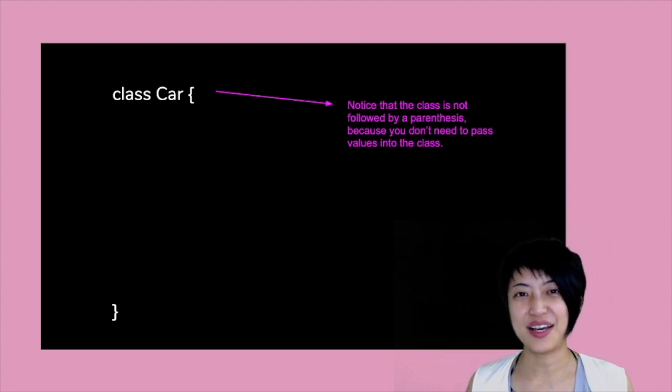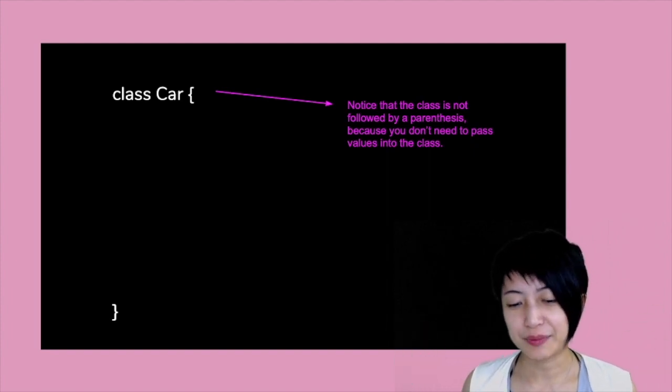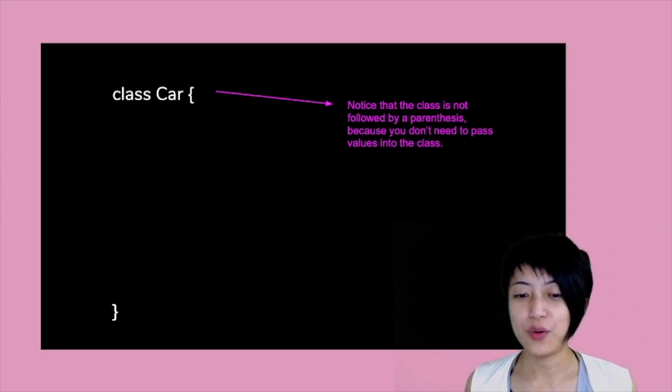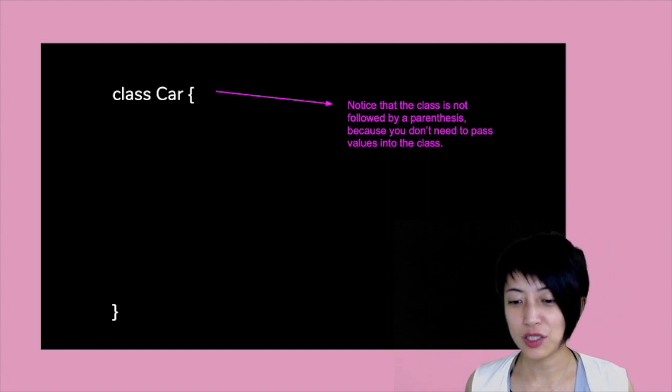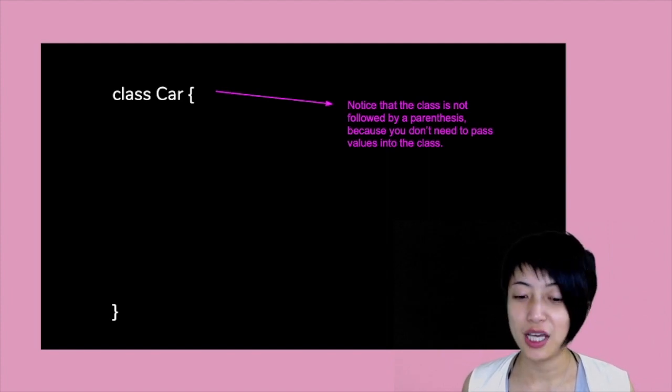The class itself, you can think about this as almost like a mega template that doesn't take any additional external values. Also, when you are declaring a class, usually you capitalize the first letter of the name. So that's just a convention when you're writing classes.